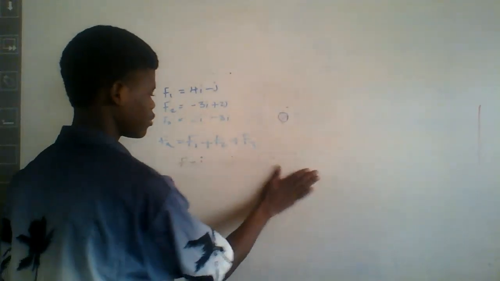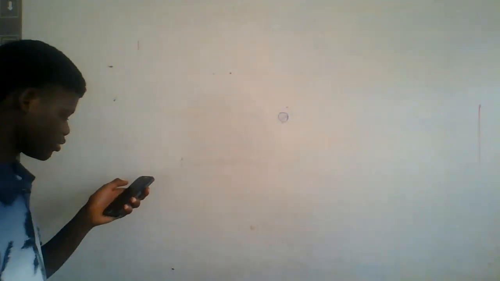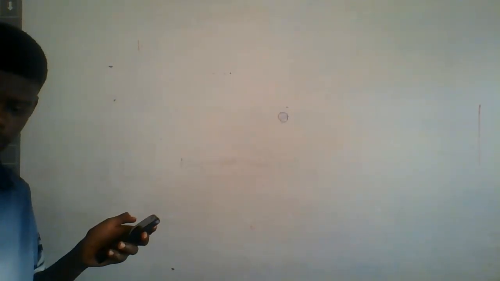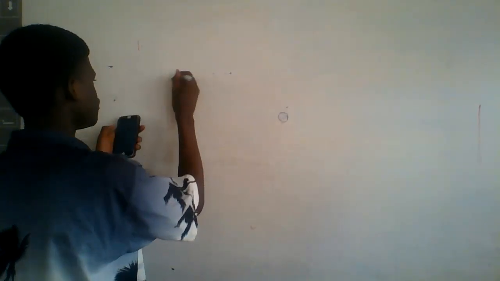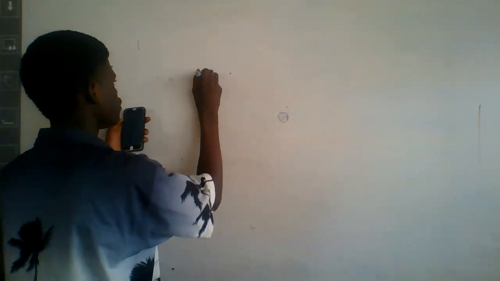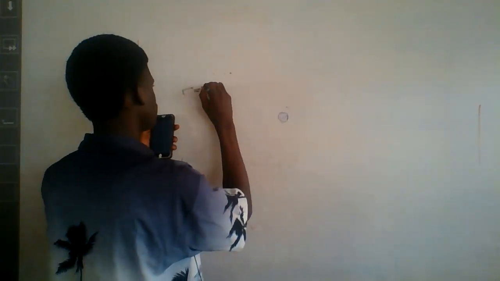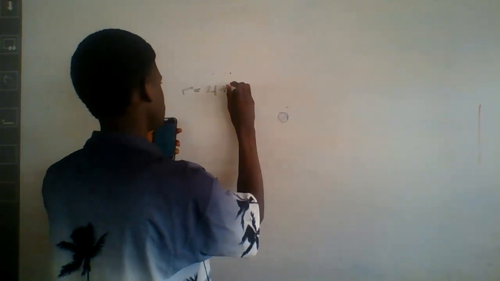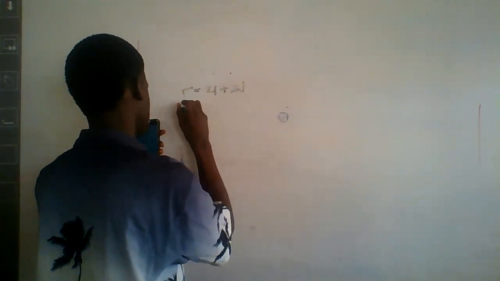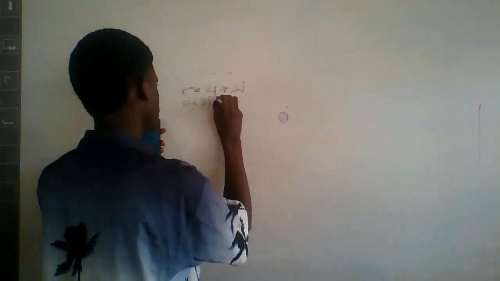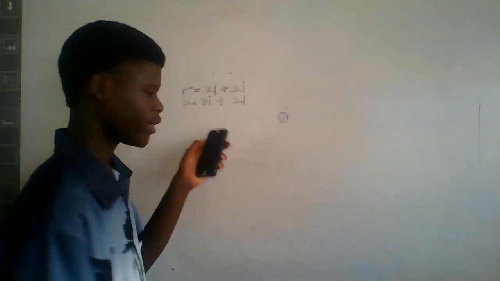So question number 3. It says if R is equal to 2i plus 3j, and F is equal to 3i plus 2j, find the torque.